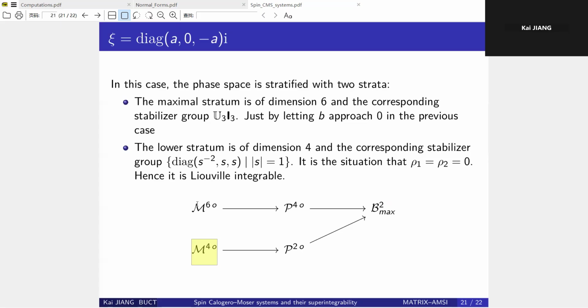So we still have this superintegrability in this chain, and also in this chain, this one goes to P2 and goes back to the base space. So we see that not only for generic orbits, but for all orbits, we can find the superintegrability even if the phase space is not a manifold, but a stratified space.